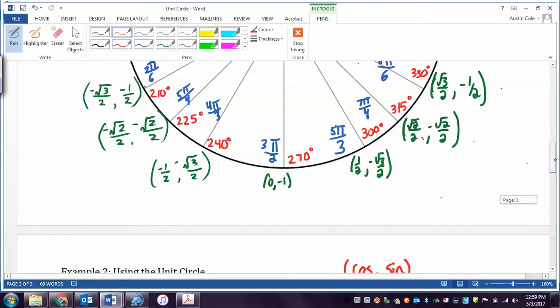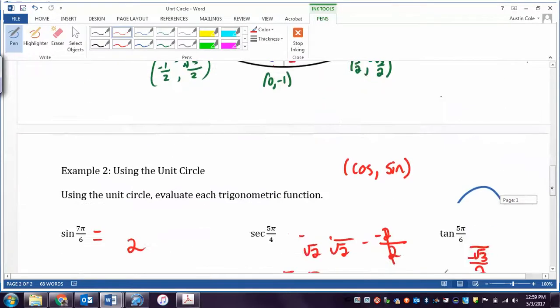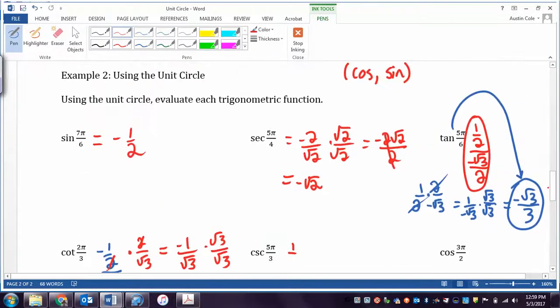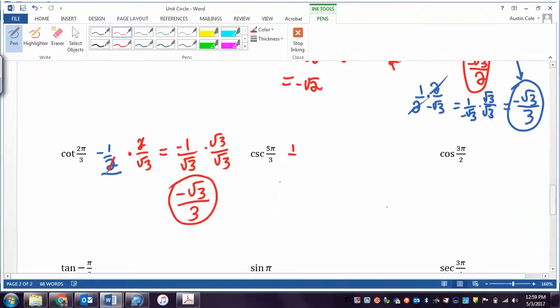Okay, so we got 3 hundo. We said 1 over y. Our y is negative square root of 3 over 2. So we're going to come down here: 1 over negative square root of 3 over 2. There's that y. And I think that's negative. Dividing by a fraction, multiply by the reciprocal.